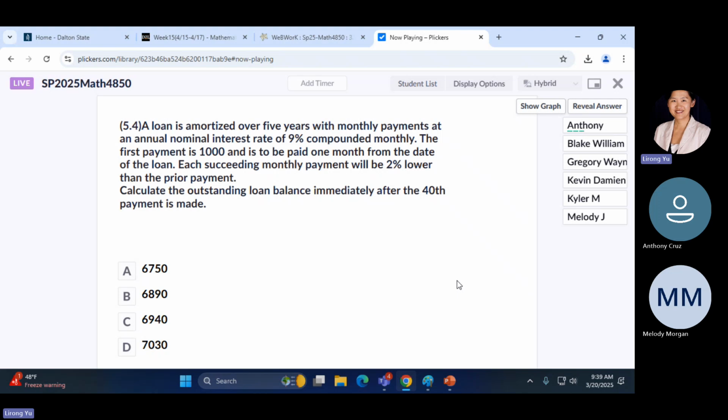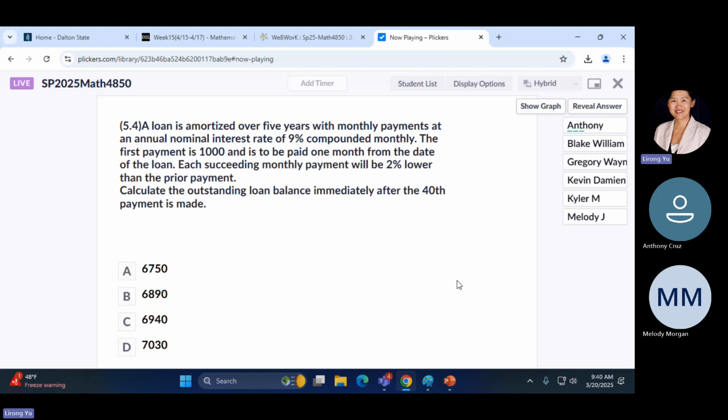So that will be the time point we're calculating the balance at, time 40 after the 40th payment. This is a monthly payment for 5 years. 5 times 12, we have a total of 60 payments.